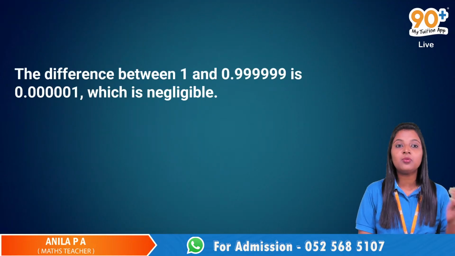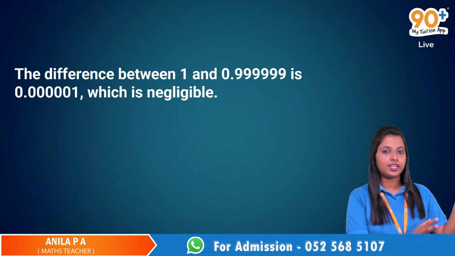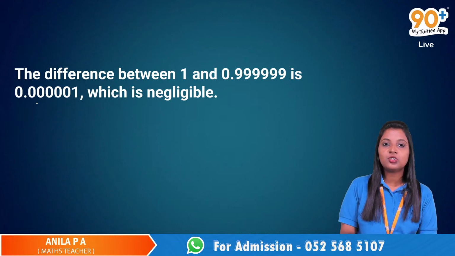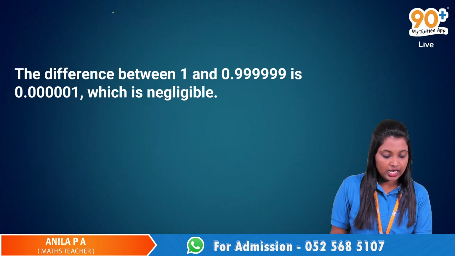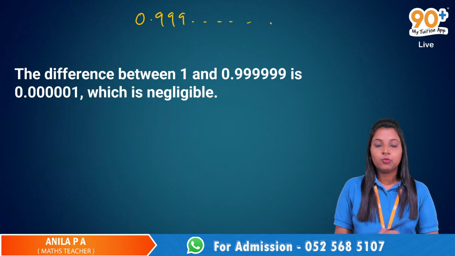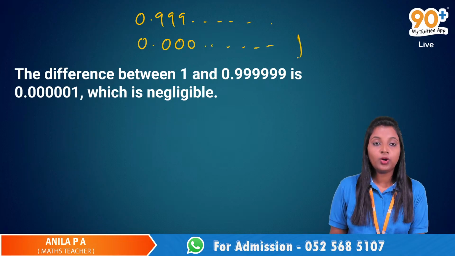The difference between 1 and, suppose we are ignoring the other 9s, we are just taking 1 and 0.9, just this many 9s. See the difference, it is 0.0001. And if we are taking 0.9999 etc., what is the difference? It is 0.000 etc. 1.